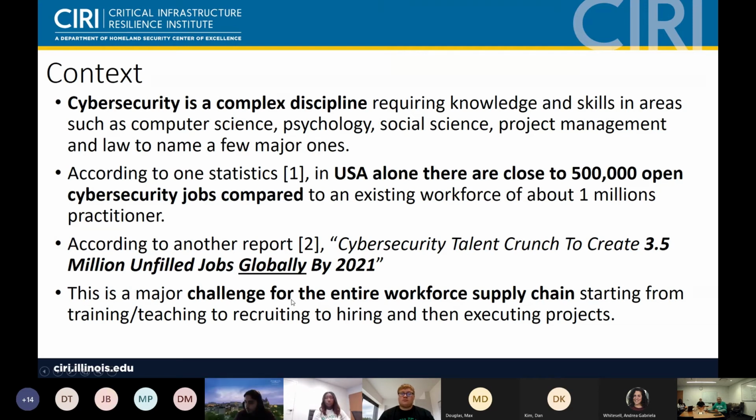And we saw a discussion about this in Dr. Kim's presentation, that the challenge is for the entire workforce, right? The entire supply chain, starting from the training and teaching to recruiting, hiring, and executing projects. And we'll discuss some of those aspects here.